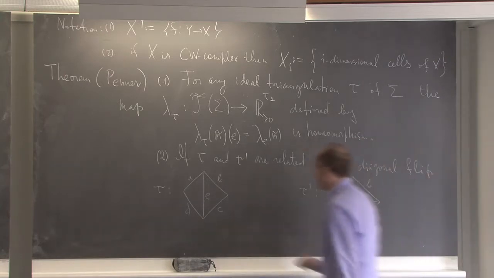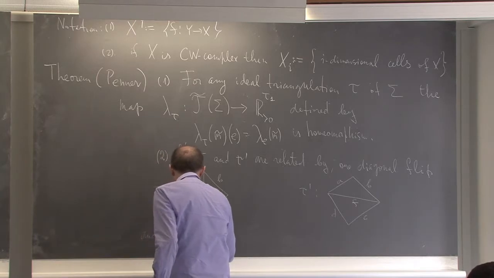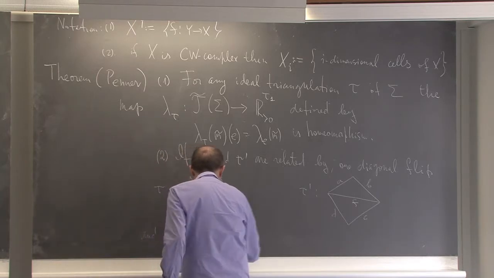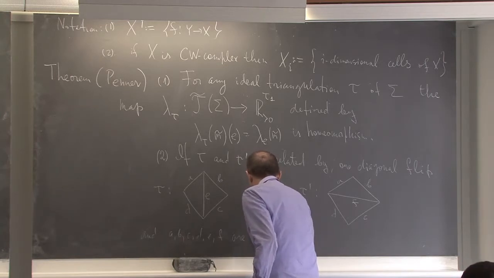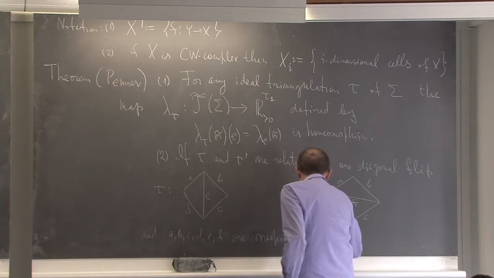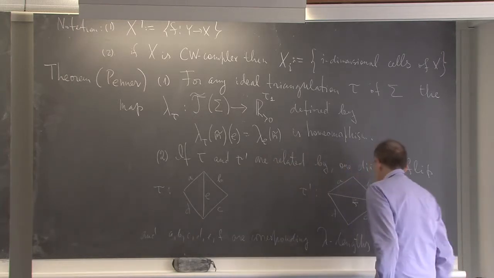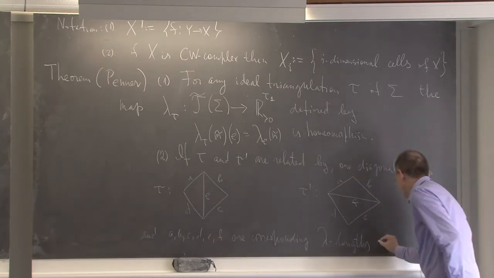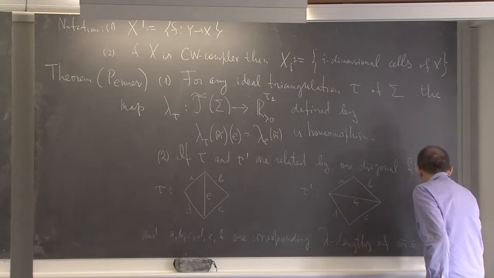Flip, and A, B, C, D, E, F are the corresponding lambda lengths of M tilde in decorated Teichmüller space.